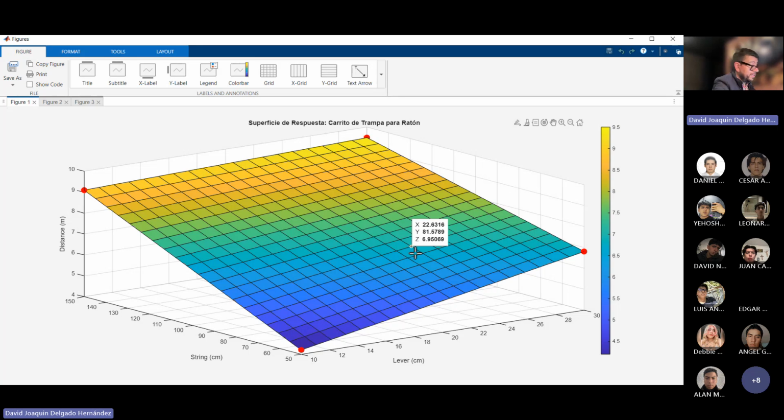Because here the optimal point, the maximum, is located here, when you have 30 in the lever, 150 in the string, and the maximum distance is 9.5. But again, these are just a few experiments, so I need more experiments. So with that, I can conclude the following.